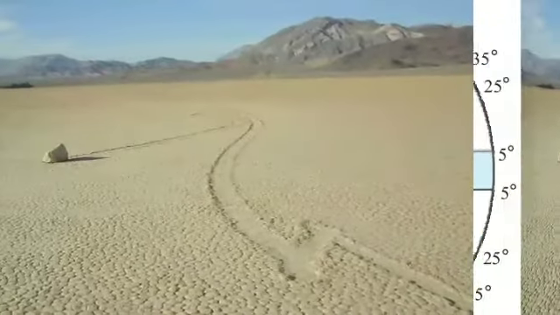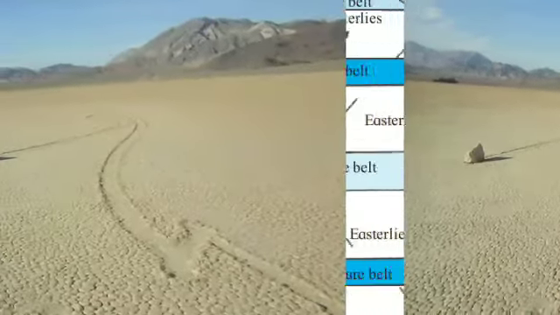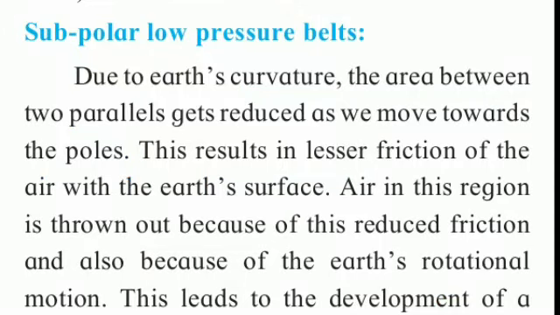Okay, now the third one, subpolar low pressure belt. Due to Earth's curvature, the area between two parallels gets reduced as we move towards the poles. This results in lesser friction of the air with the Earth's surface.